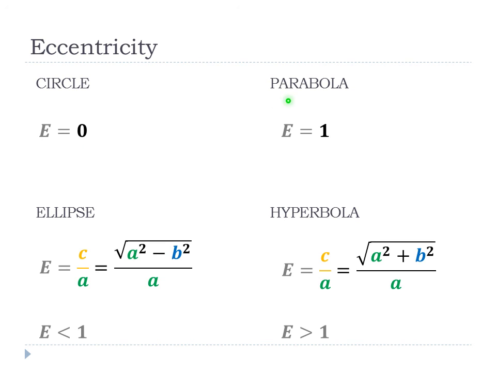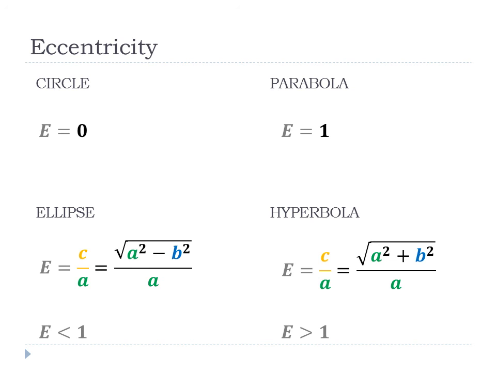The distance, by definition, between the directrix and a point in the graph, and that point and the focal point in a parabola, is the same. Therefore, I'm going to have whatever the amount over the same amount, so the ratio is always going to be equal to 1. Now, where it changes a bit is for ellipse and hyperbola.